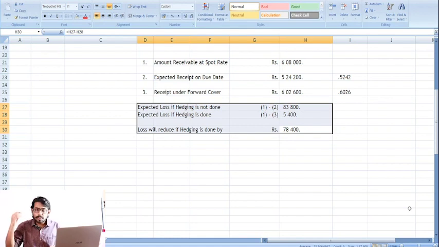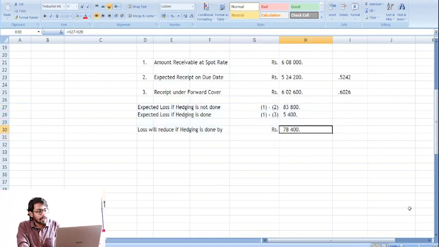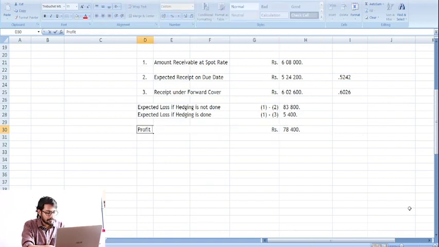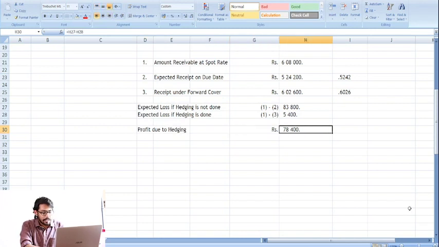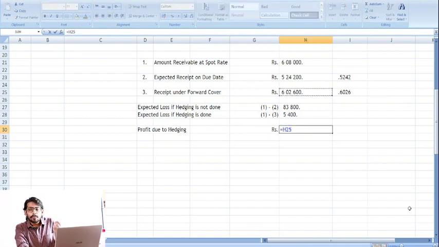Every way you are computing the answer. Now if you look at the textbooks, some answers will cover only this. Loss will reduce, or profit due to hedging, is 78,400. They can also take it as, see, if you use forward cover 6,02,600, if you don't use forward cover, you will have to pay 5,24,200.